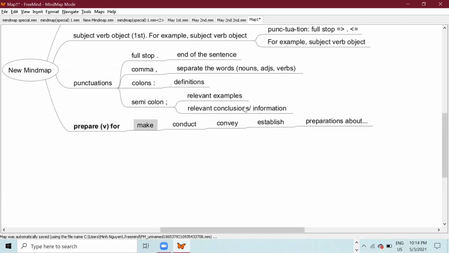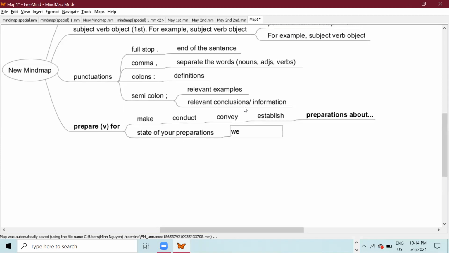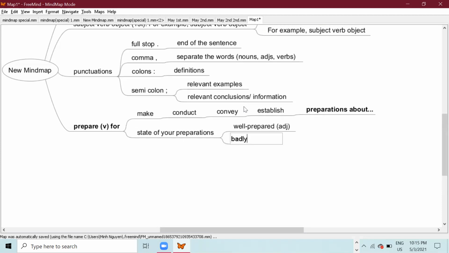If you want to describe the state of your preparations, you are going to use an adjective like well prepared. Something is well prepared, or something is badly prepared.